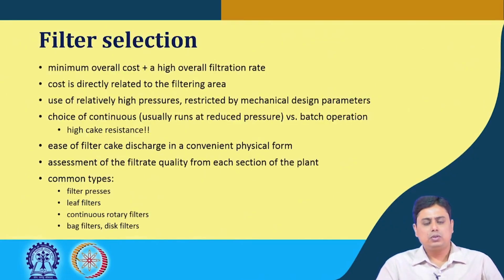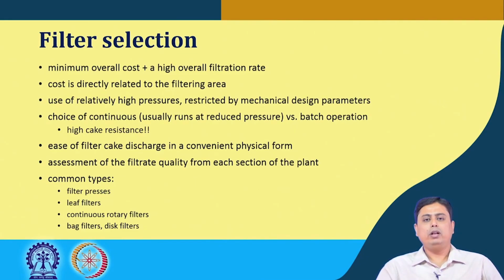Now to select an appropriate filter for any operation, the primary thing that we have to consider is the minimum overall cost with a high overall filtration rate. This is the important thing, and these two things basically dictate what should be the appropriate filter equipment for your operation.